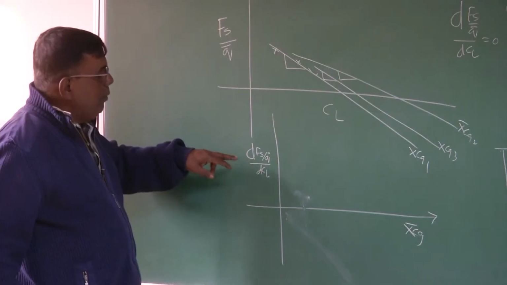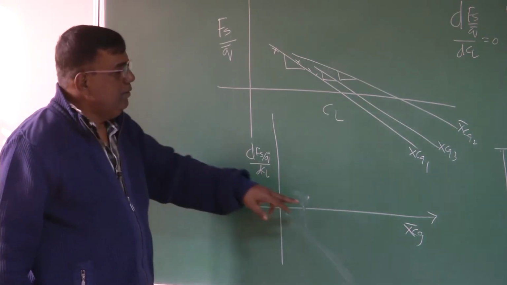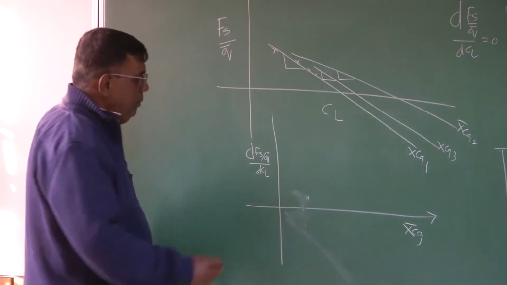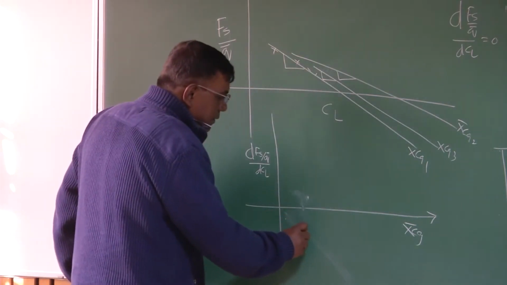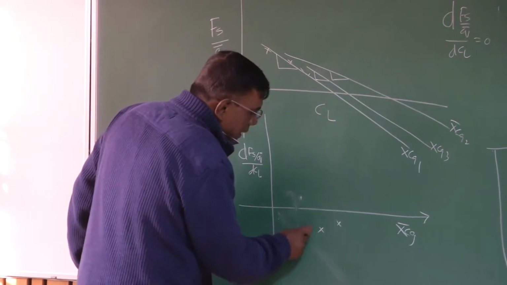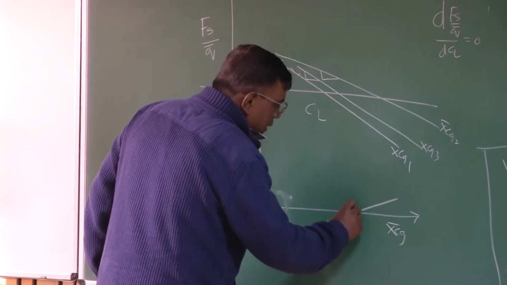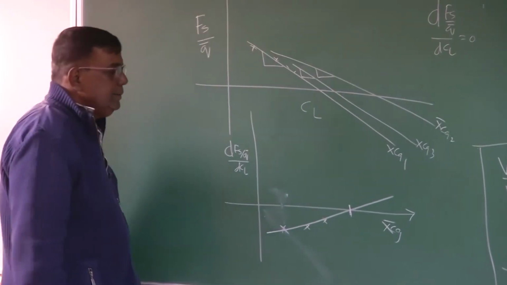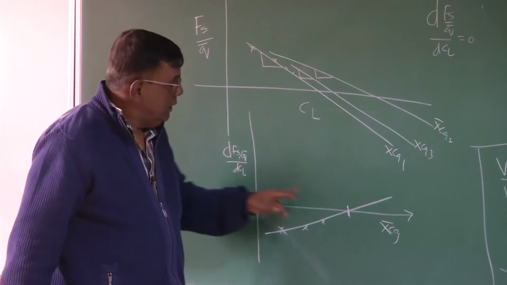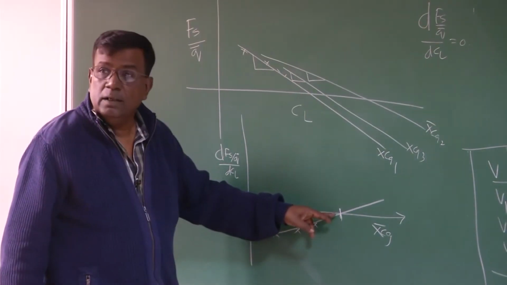Right? Now you have to plot dFs by Q by dCL versus XCG, and you take one graph XCG1, take the slope, the slope is negative, this is this point. For the second one you take this, third one you take this, and then you join by a straight line, and this point is what? This is the XCG location at which dFs by Q by dCL is 0.